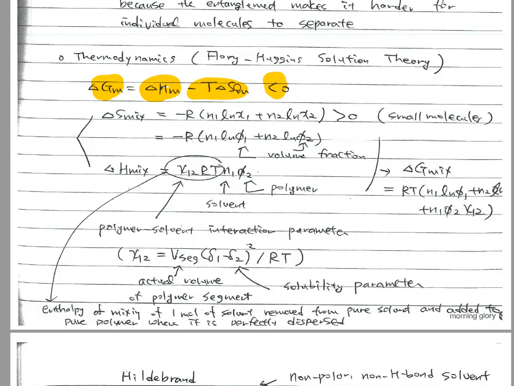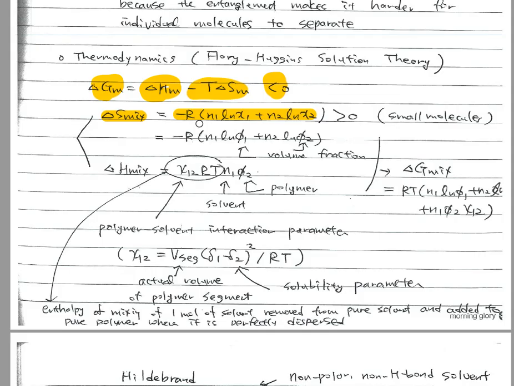And we have also learned about this delta G mix. If polymers are dissolved in solvent, basically polymer and solvent mix with each other, right? You guys have already seen this equation from physical chemistry class. When you mix two different ideal gases, or if you form an ideal solution in liquid phase, you have already seen this equation, right?